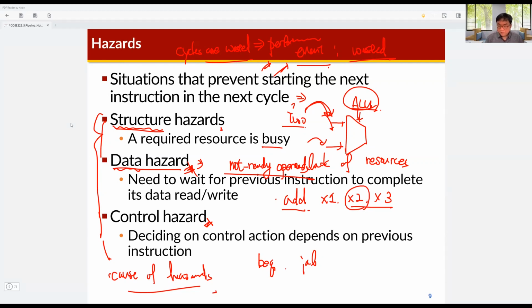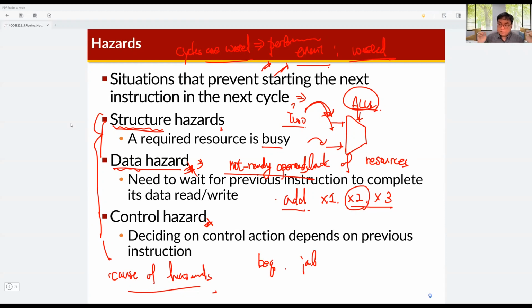Then data hazard. Data hazards are caused by data dependencies in instructions. What are data dependencies? The result of former instructions is used by the next following instructions.